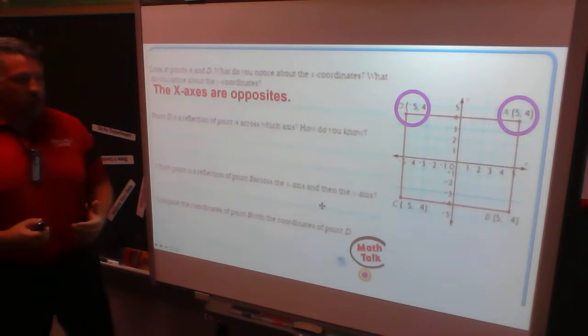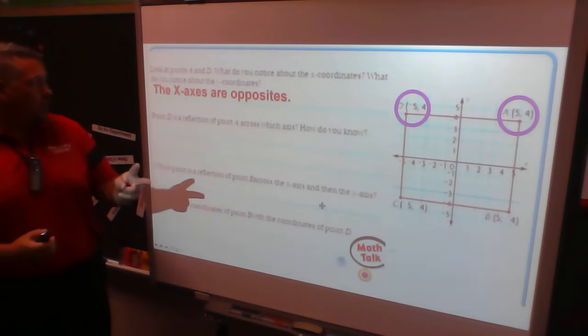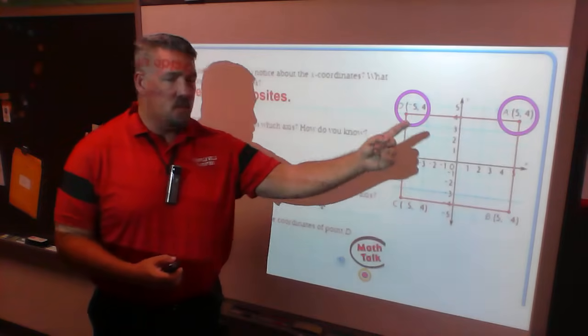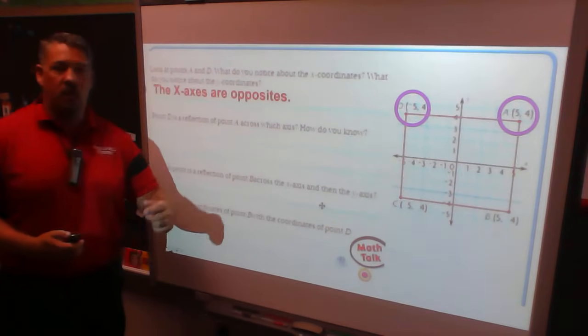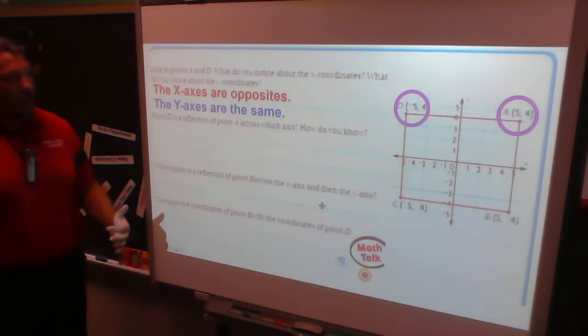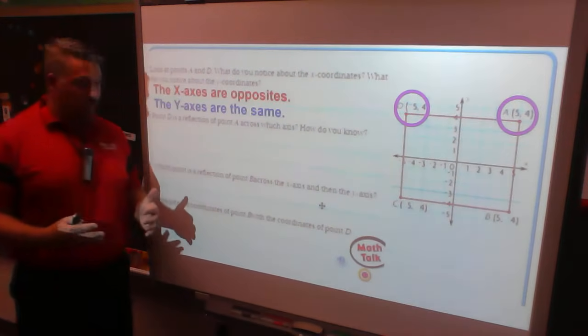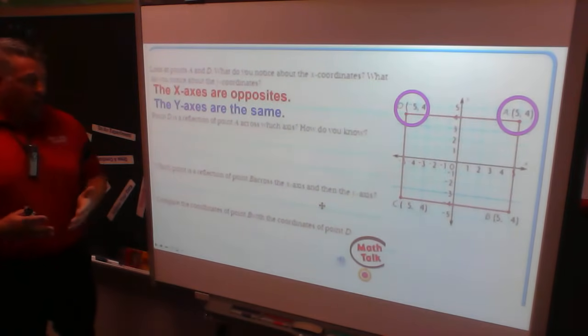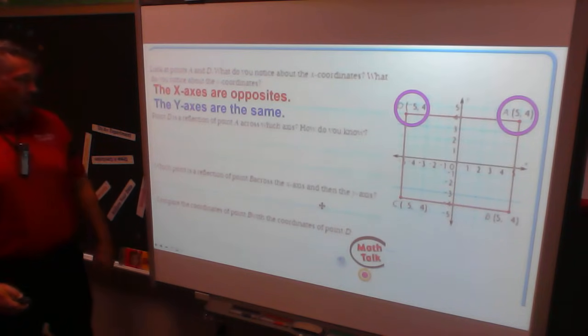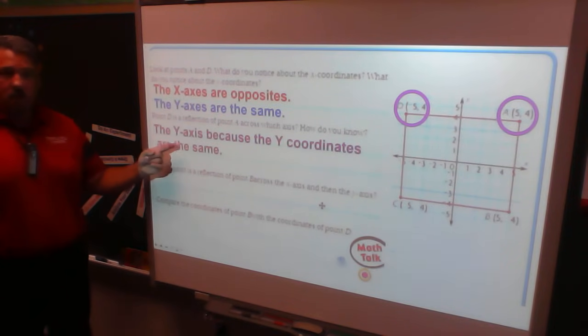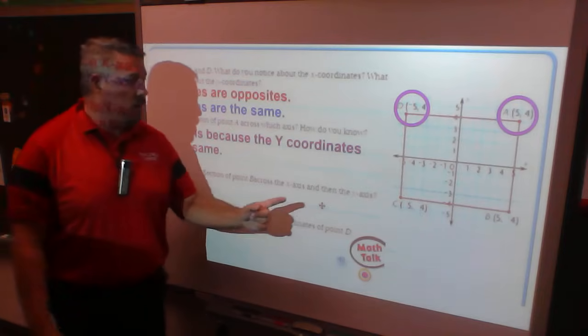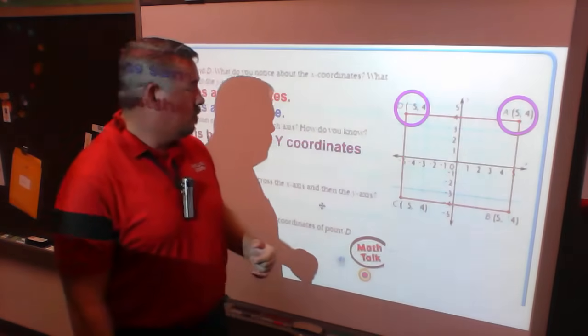Well, I notice that the x-coordinates, once again, are opposites of one another, but the y-coordinates, in this case, are the same, both +4s. So I know that the line of reflection on that one is the one that stays the same. It has to be the y-axis, because the y's stay the same, both +4s.